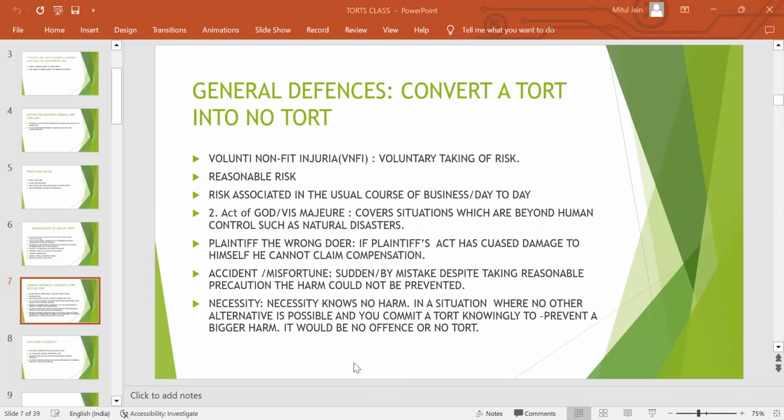Now the answer is a clear case which can fall in two categories.